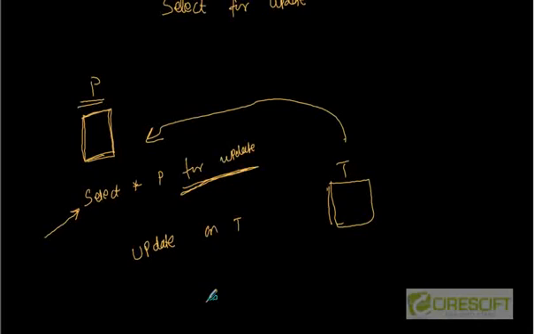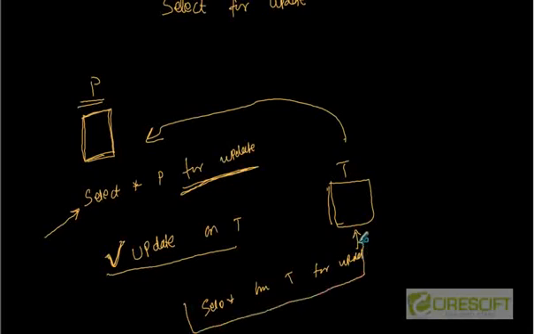Now another session does select star from T for update. This select is going to wait because it needs to acquire a lock, but the other session has already acquired the lock.